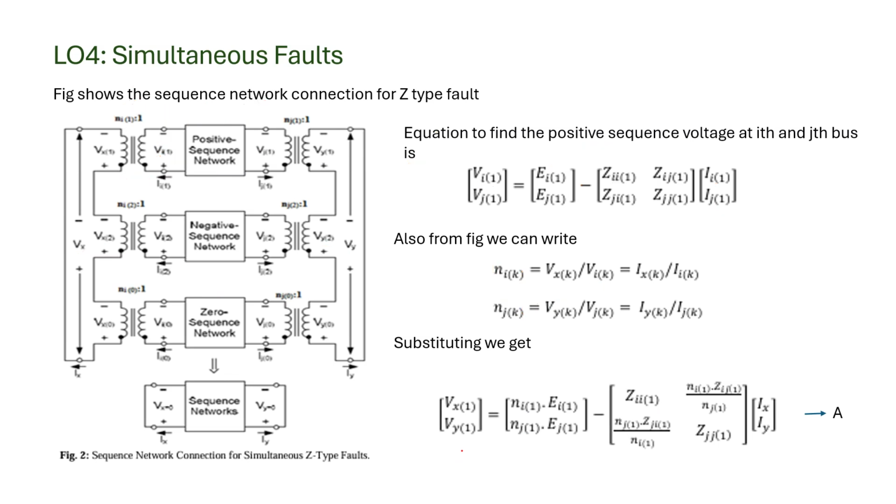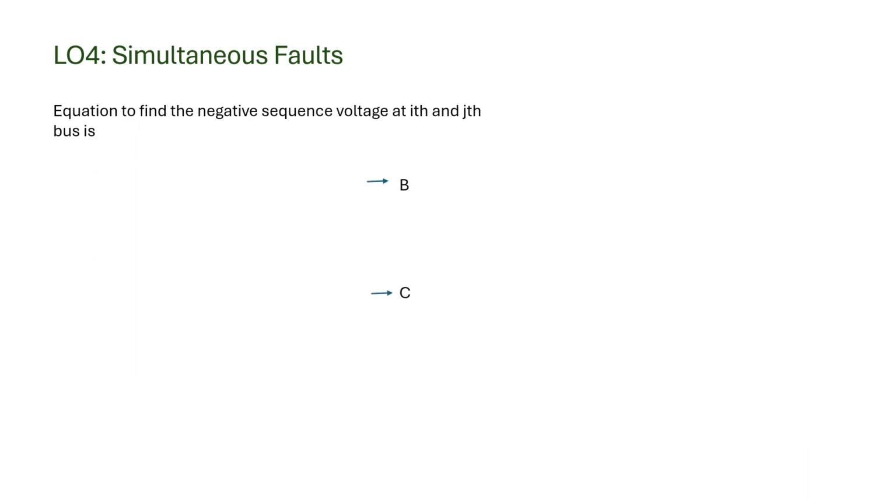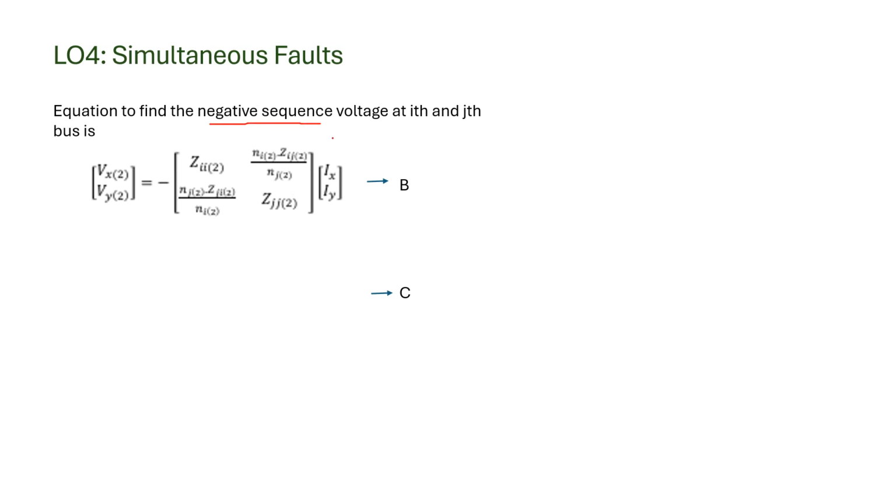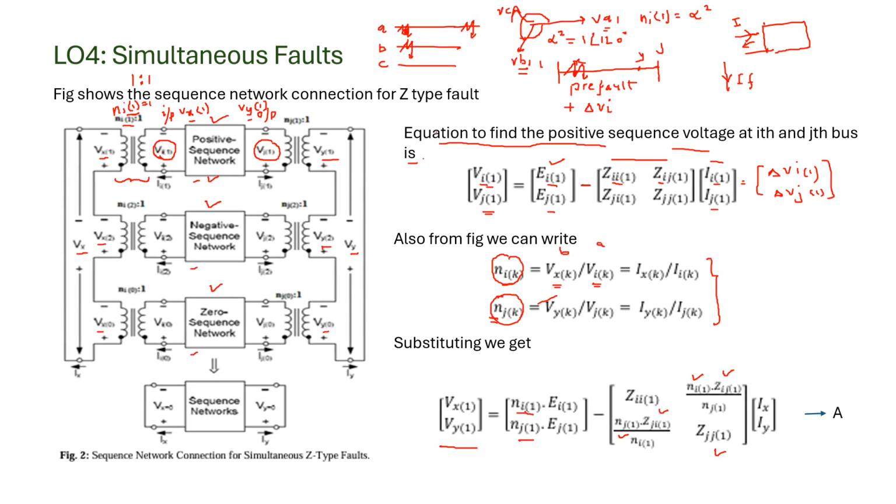Similarly, the equation to find the negative sequence voltage. As I already told, this term will not come into the negative sequence voltage. Why? Because the pre-fault voltage at the fault point is zero; that is, there is no negative sequence voltage before the fault.